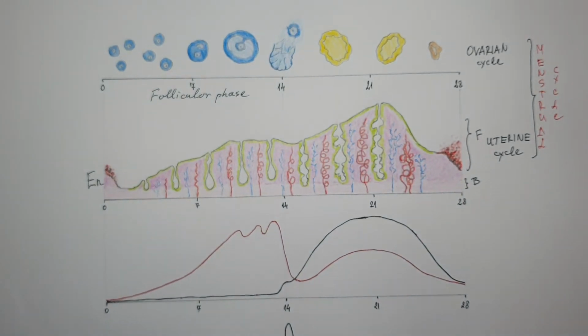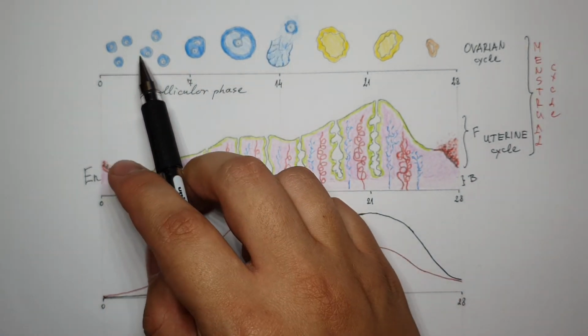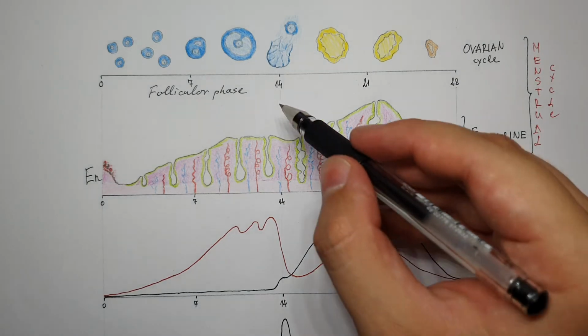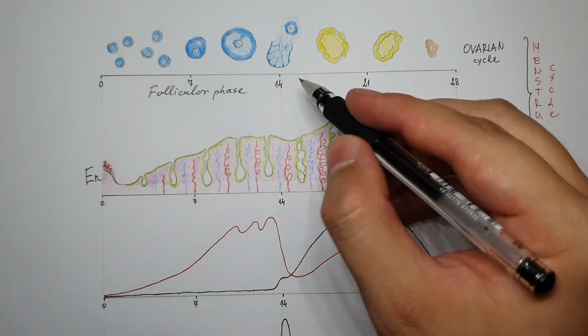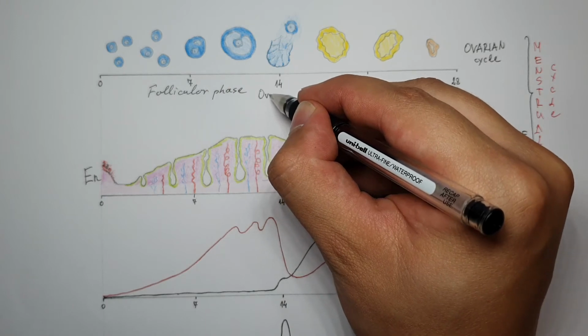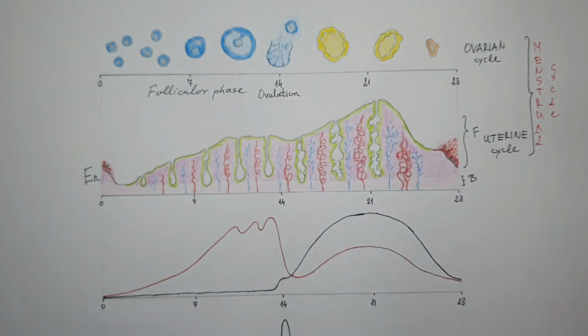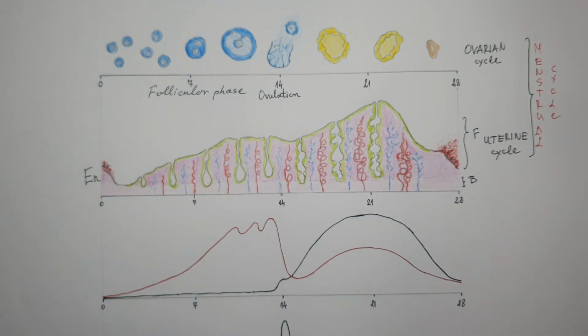So this is the first phase where these follicles are developing. Then it has this phase that is called ovulation. So in this phase, we have the egg bursting out the ovaries and going into the tube.